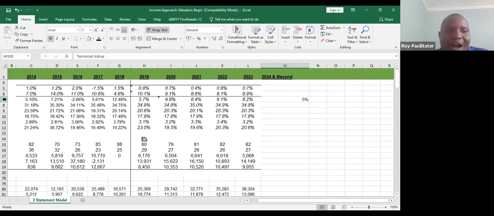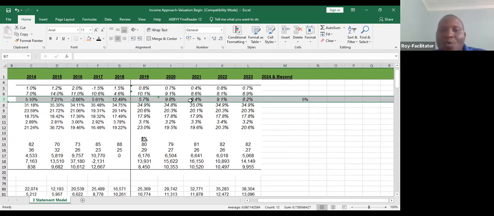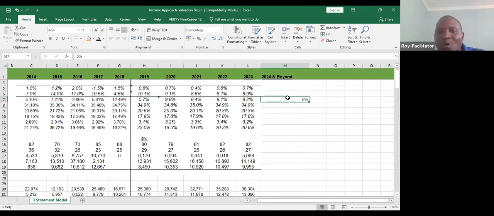Remember, when we were doing our financial statements, we were making assumptions on our revenue growth. So I'm going to assume that in the final year, or the year 2024 and beyond, it will just increase by a lower percentage, because now it will not be growing as fast as the years where I was putting a lot of energy to access the market.